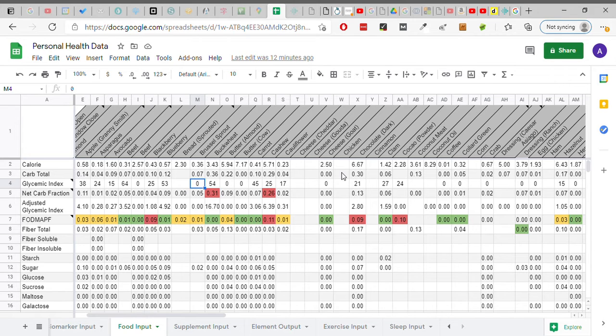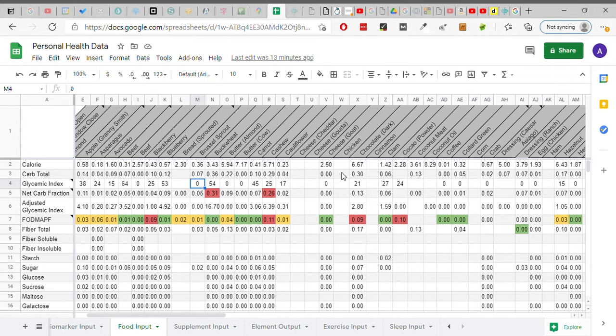Then what we're going to do is take the total grams of fiber in 100 grams of the food, and divide that by 100 to get the grams of fiber per 1 gram of food. Then we're going to subtract the grams of fiber per gram of the food from the grams of total carbs per gram of the food to get the net carbs per gram of the food.